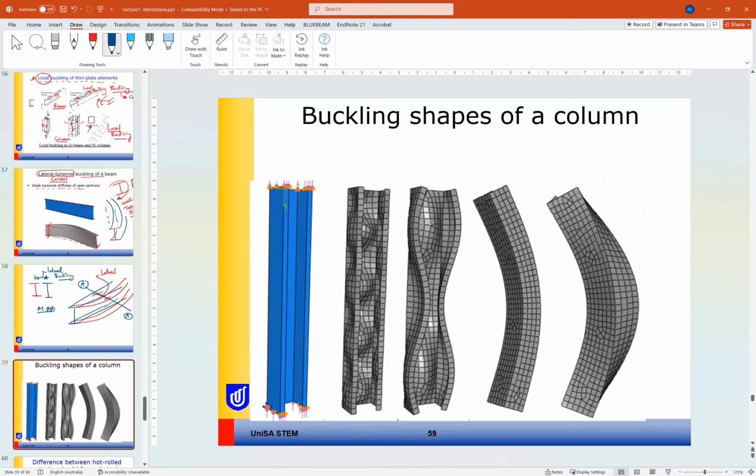Another example of buckling is this column. This column is under compression, and we have different modes of buckling. Can you mention which of them are local buckling and which of them are global buckling? Do you know?